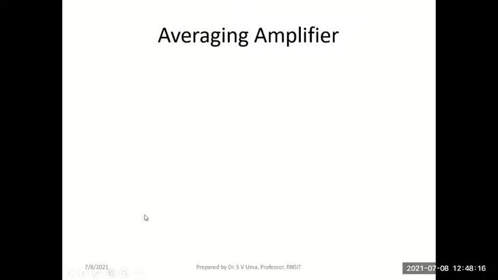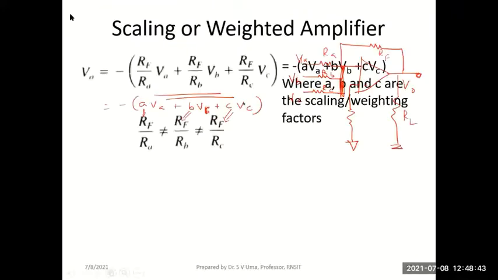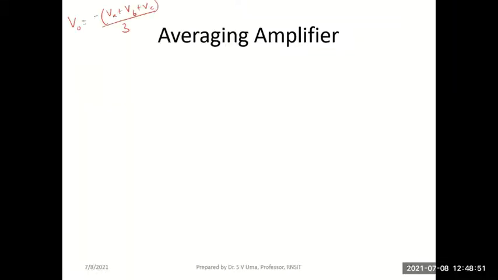Last, the averaging amplifier. Can someone tell me, I need the output voltage to be the average of the three input signals. By now you should be able to guess and tell me what should be the condition for the resistors. Whenever we need to get an output equation like this from the basic standard equation, what should I consider the relationship between the resistors, so that I get VA plus VB plus VC by 3?